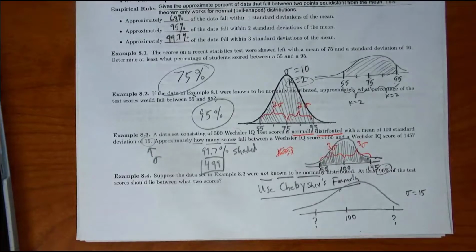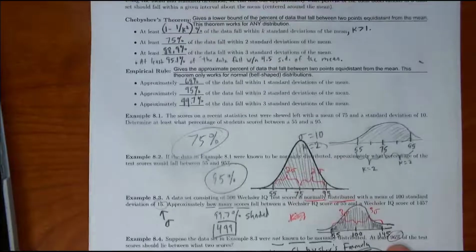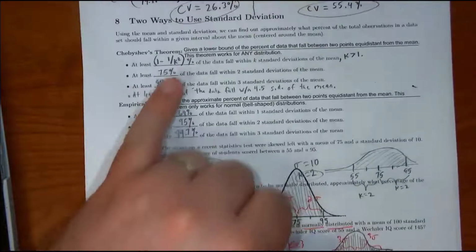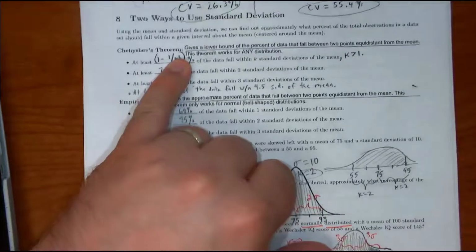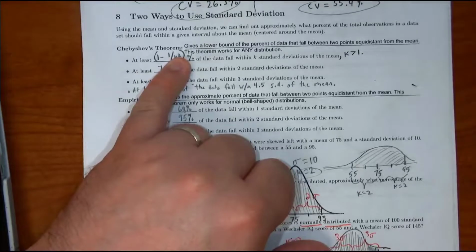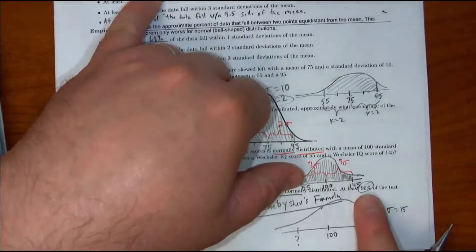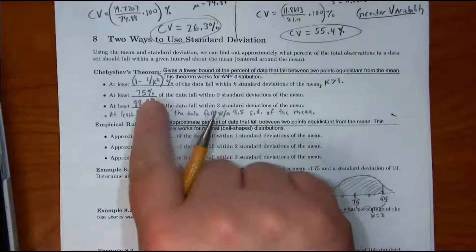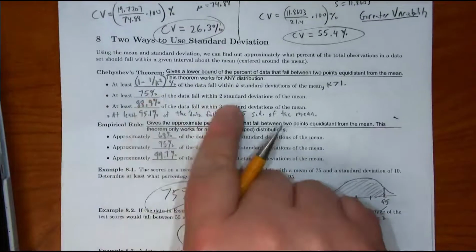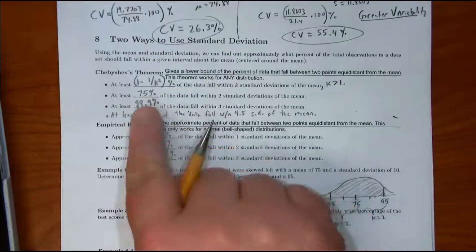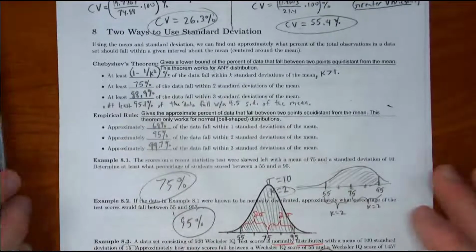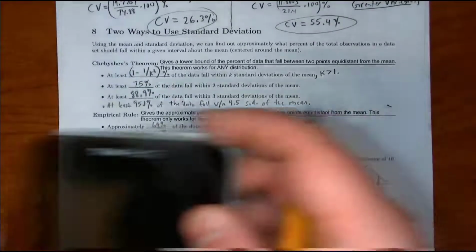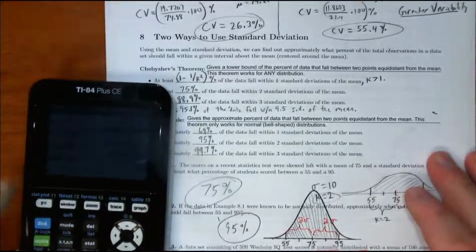Well, what you need to do is figure out what value for k you plug into Chebychev's formula, and it spits out 96%. Well, we know that if you plug in 2, you get 75. Plug in 3, you get 88.9. Now, let's plug in 4. We're looking for what you plug in to get 96.